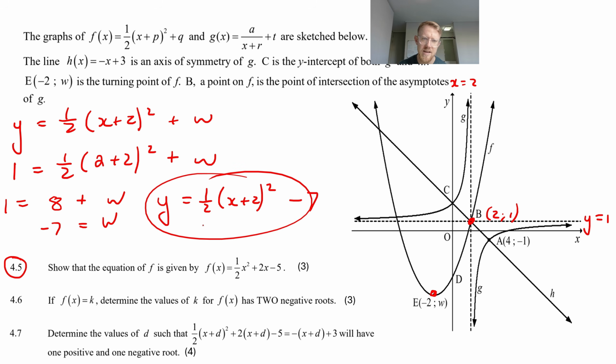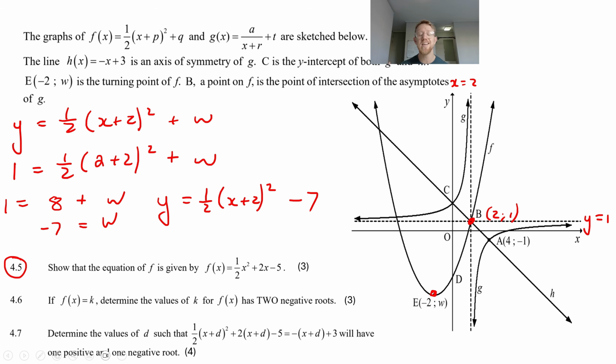To go from here to here, we just need to simplify now. But there are two areas where learners make mistakes. The first one is that when they try to multiply this out, they think they can just put the half inside. But you can't just put the half inside because there is a 2 over there.